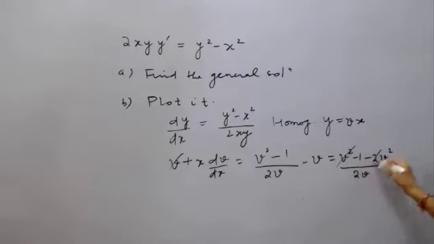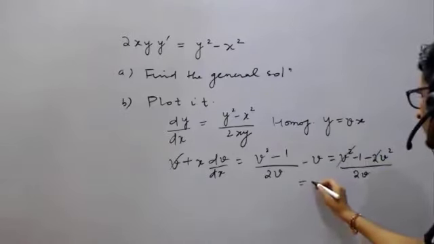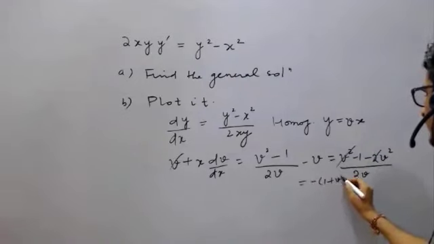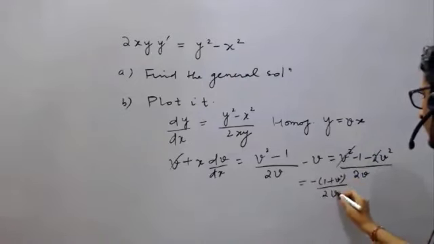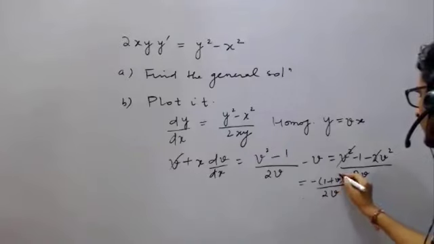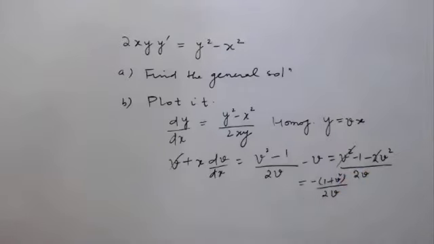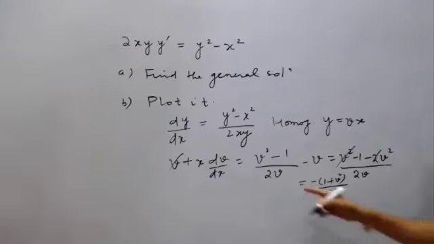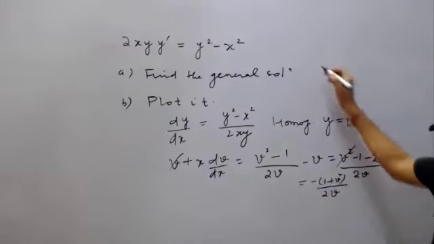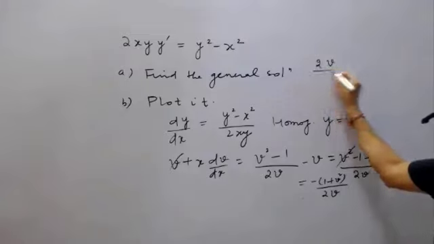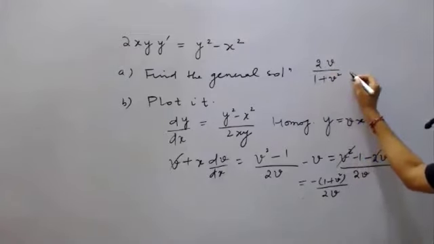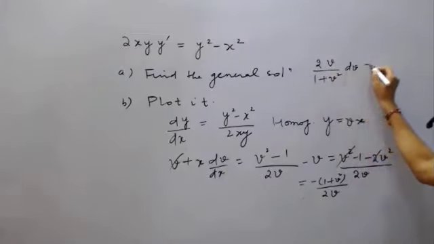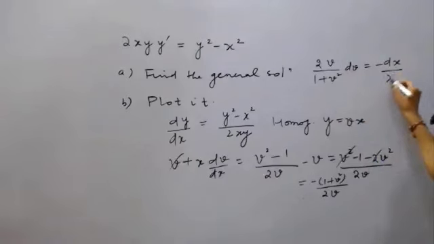So it will become minus 1 minus v square over 2v. So it will become 2v over 1 plus v square dv is equal to minus dx over x. Correct?